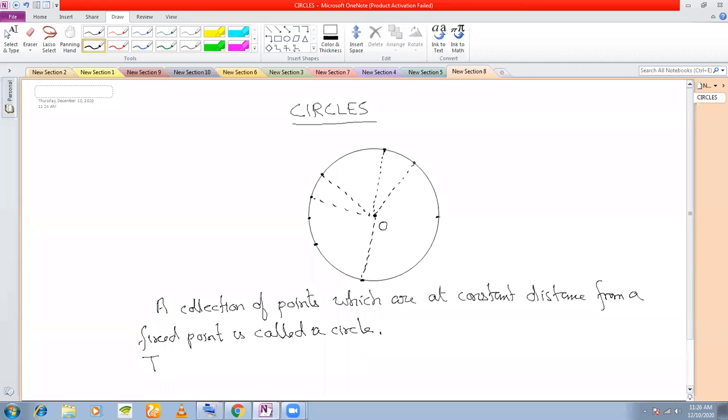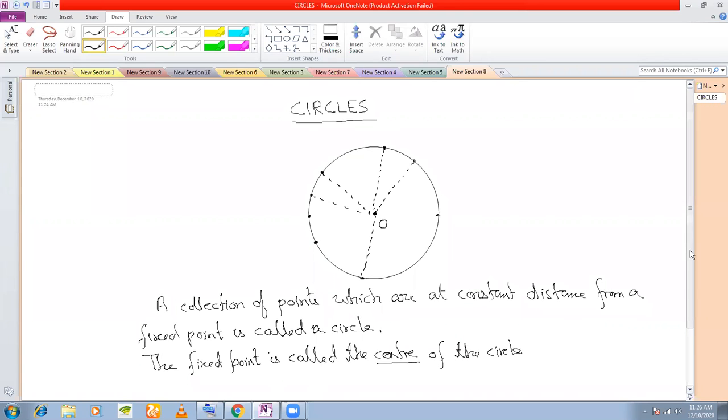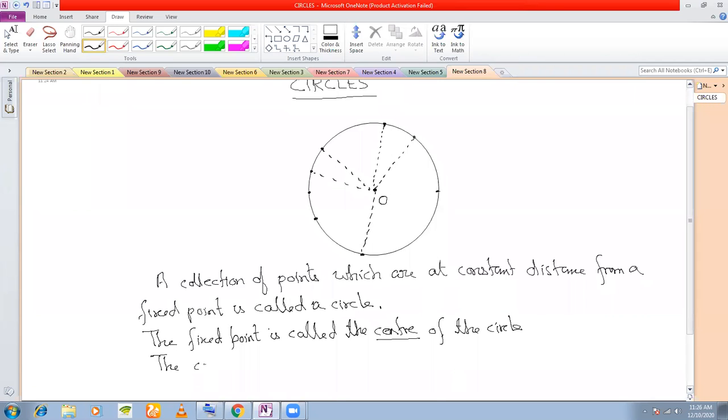The fixed point is called the center of the circle, and the constant distance is called the radius of the circle. That is a basic definition of a circle.